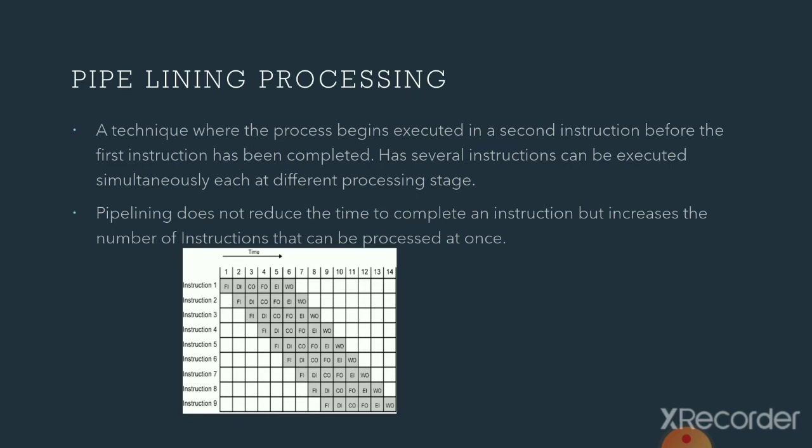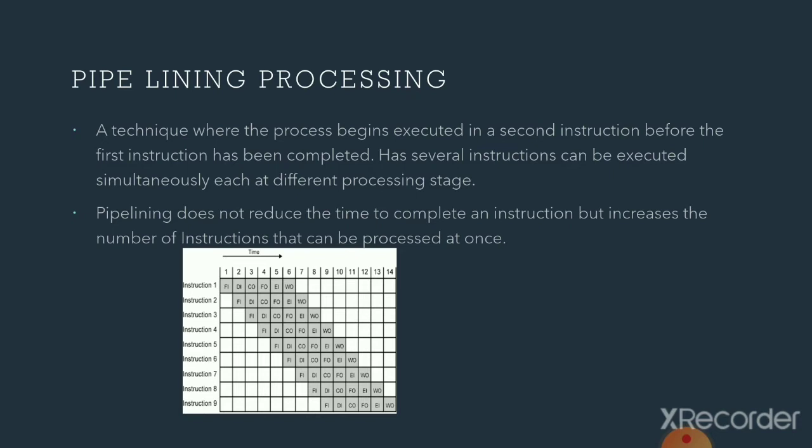Then when the second starts, the first instruction is decoded, but at the same time the second instruction will be fetched. Okay, and in the third second the address of the operand of that instruction is calculated, but in the third second instruction 2 is decoded.